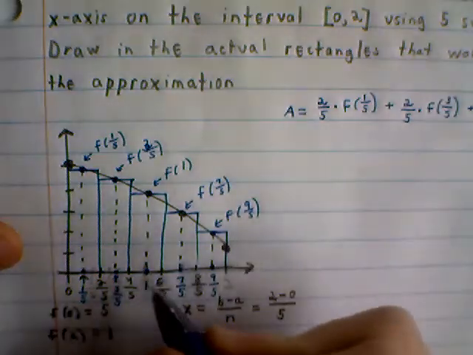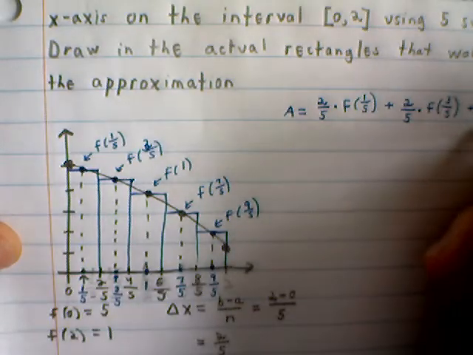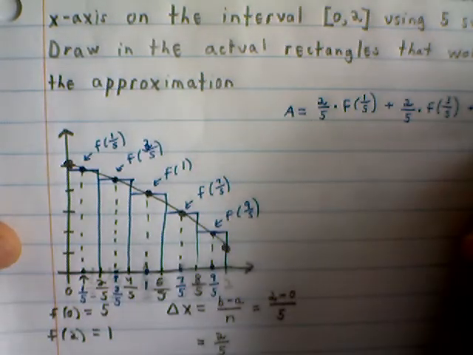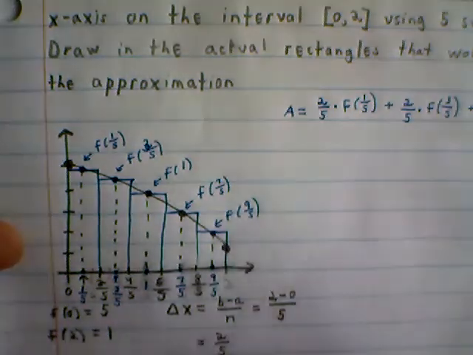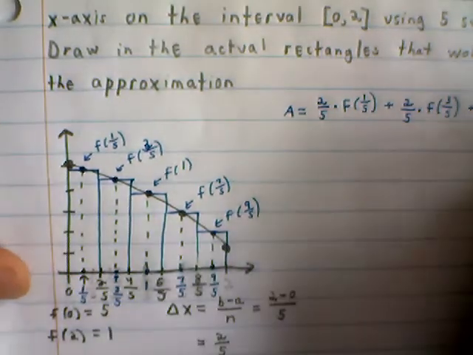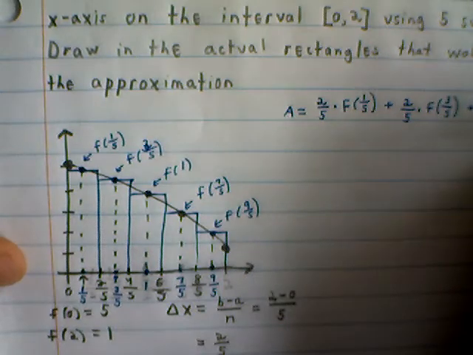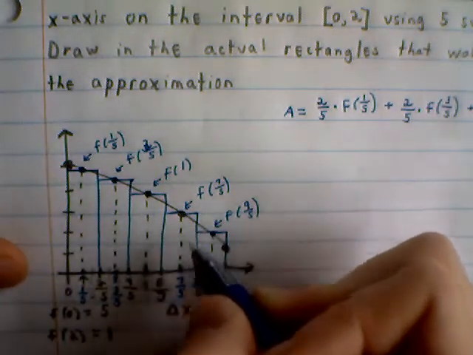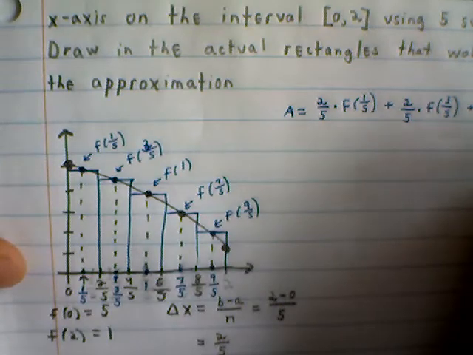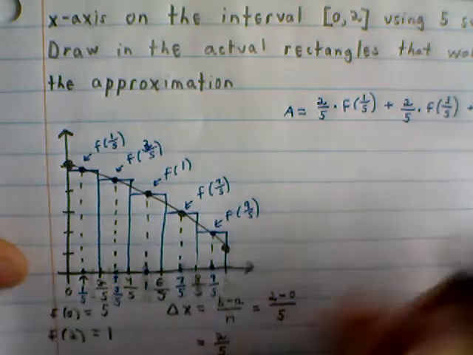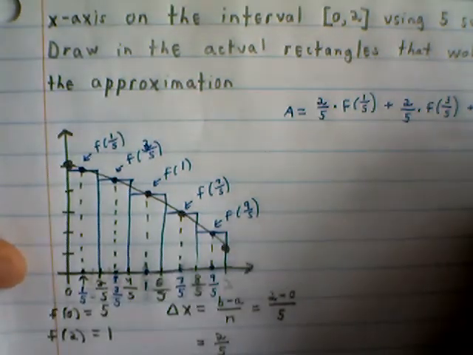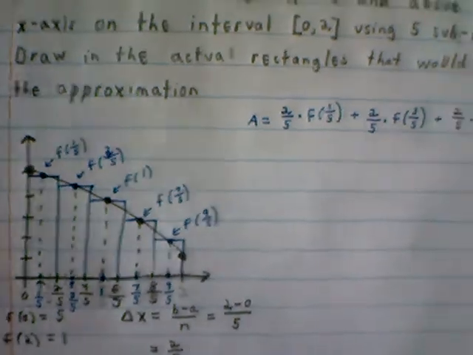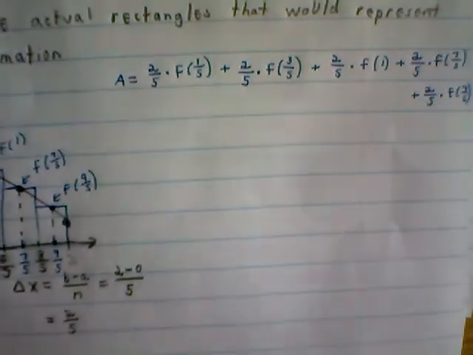My third rectangle has a width of 2 fifths times a height of f of 1. The fourth rectangle has a width of 2/5 times f of 7/5 as our height. And then last, plus 2/5 times our last height, f of 9/5.